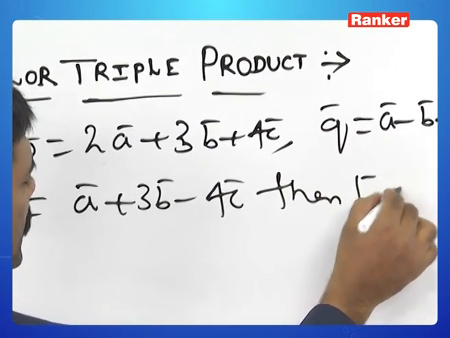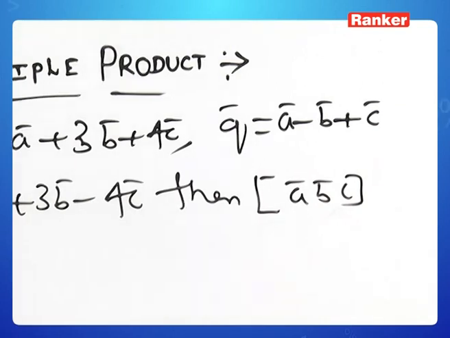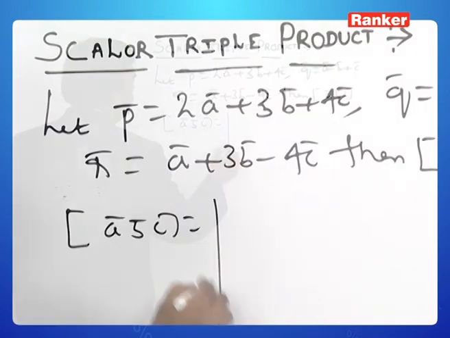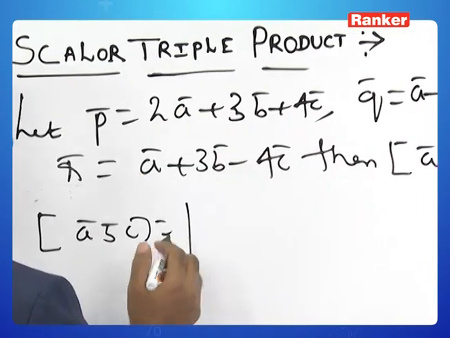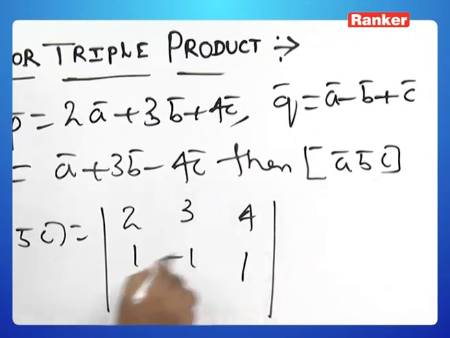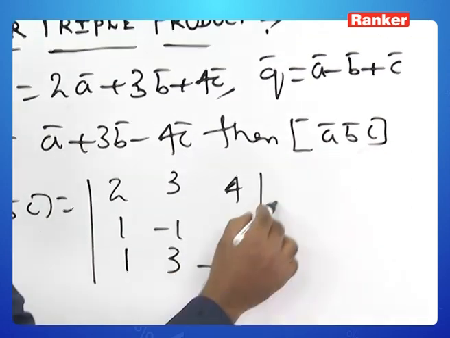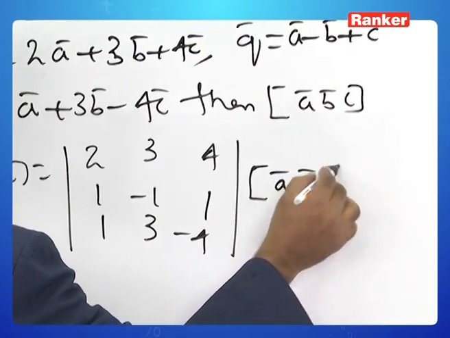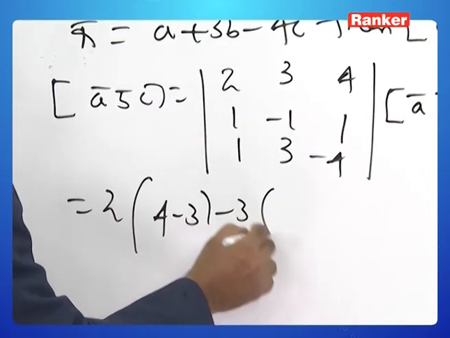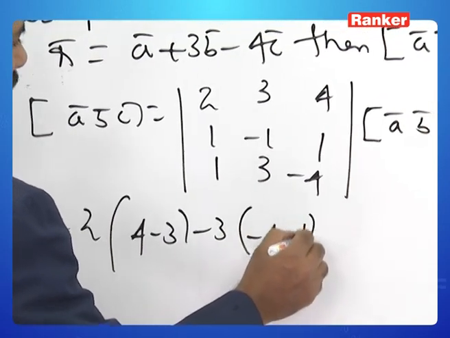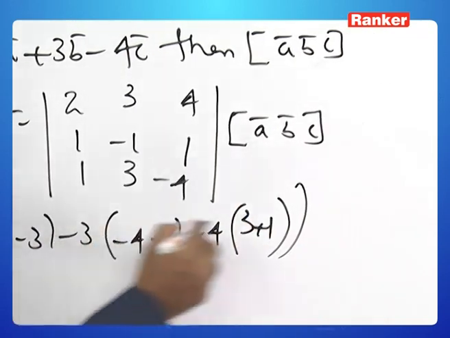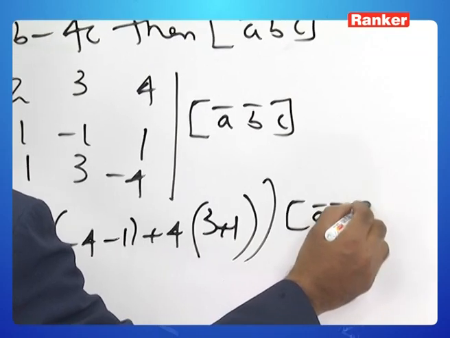Then let us see what is the box of P, Q, R. It is nothing but the determinant of coefficients of A bar, B bar, C bar: 2, 3, 4; 1, minus 1, 1; 1, 3, minus 4, into the box of A bar, B bar, C bar.